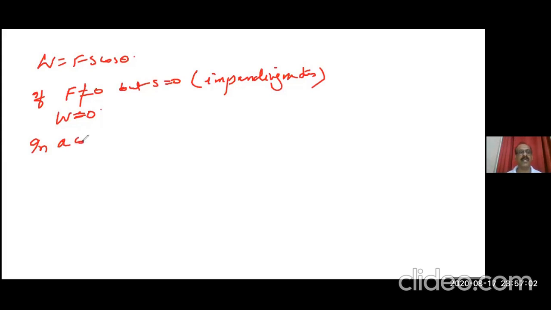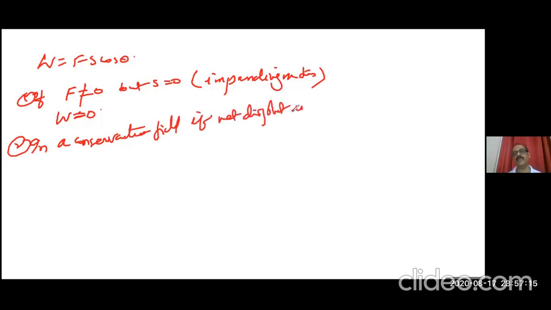Now, in a conservative field, this is the first example. Second example, in a conservative field, if net displacement is 0, then work done is equal to 0.